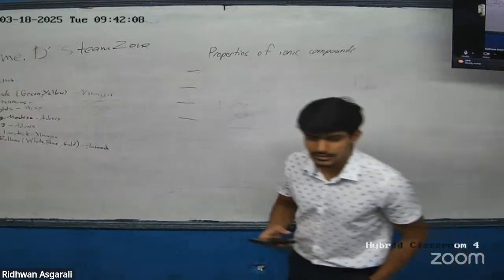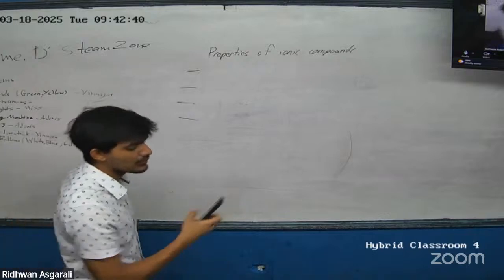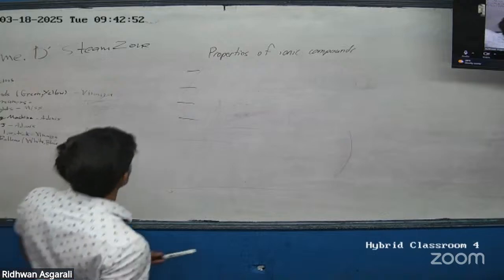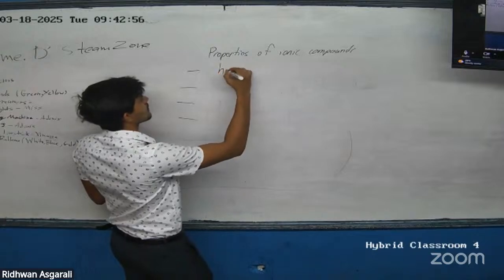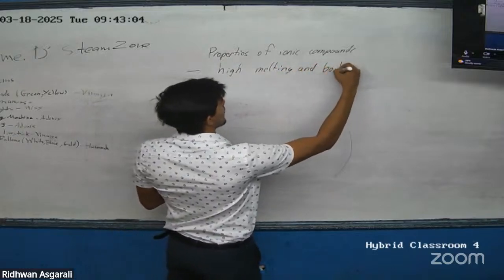So the first property: ionic compounds have a high melting and boiling point.